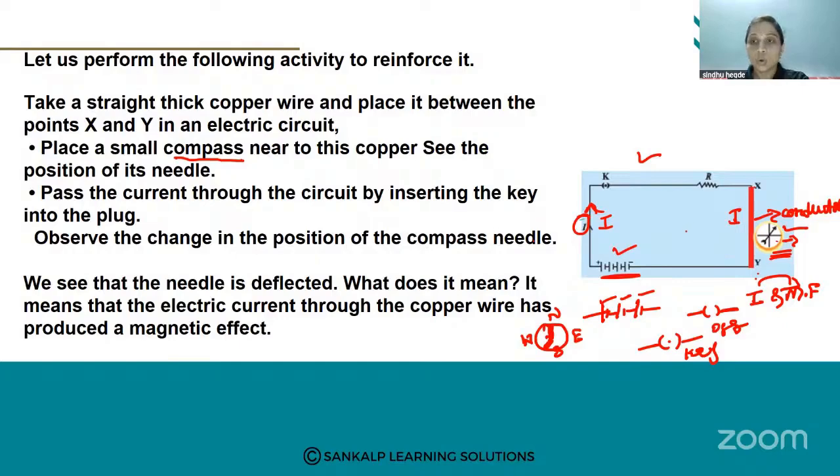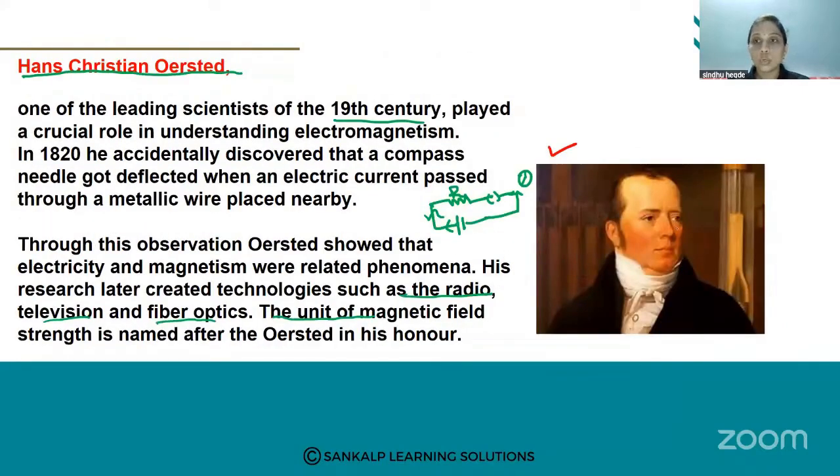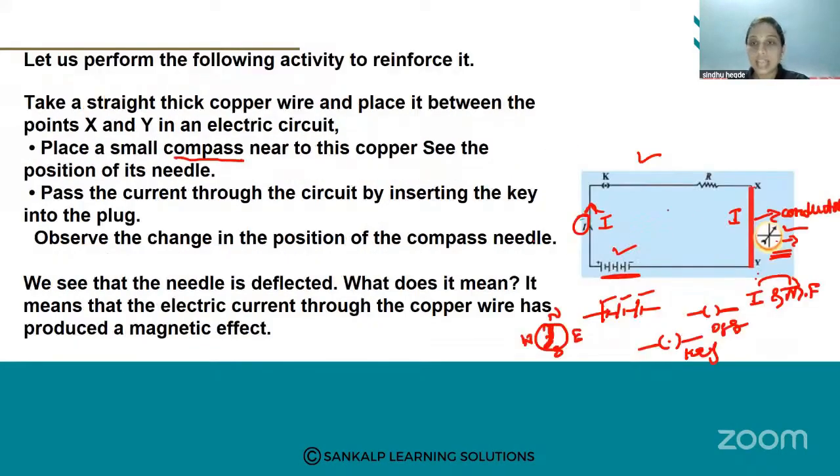Then, who found out or invented this magnetic effect, students? The famous scientist Hans Christian Ørsted invented this magnetic effect of electric current. How did he invent it? With the help of this circuit, he proved that some magnetic effect is generated when electric current flows through the circuit.